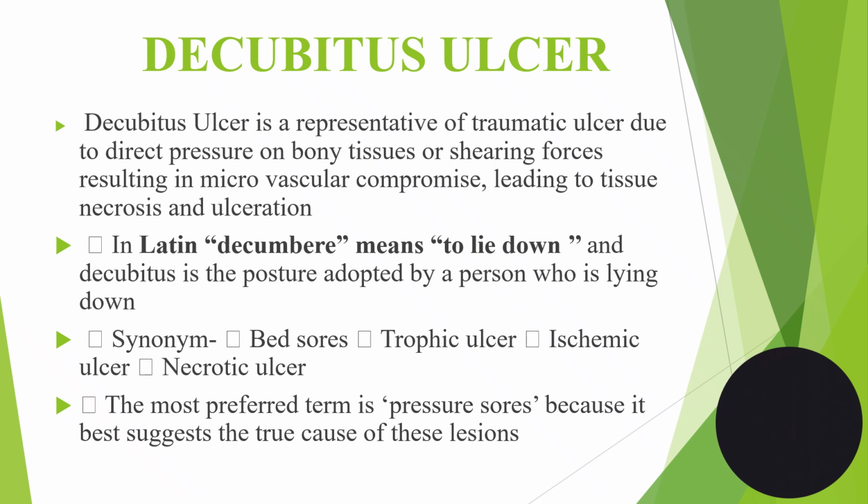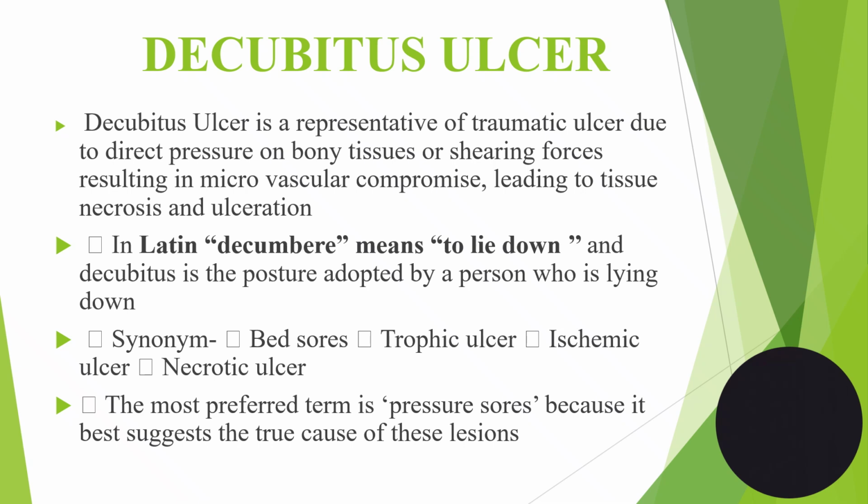You might have seen this ulcer mainly in persons lying down for a prolonged period in bed, mostly chronically ill patients with ventilator support, comatose patients, and patients who cannot move from their bed, with a low GCS level. It happens to patients like that.